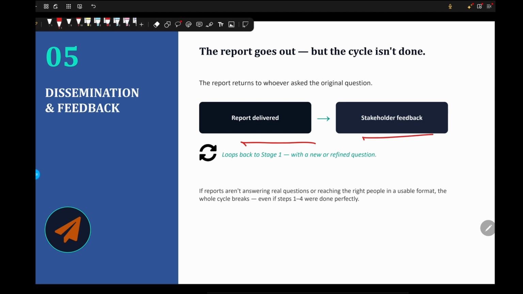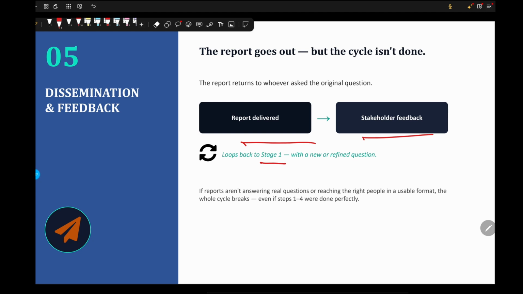So in any case, it loops back to stage one. You have to redefine the planning, or maybe redefine the scope, and start the entire process again. So it's a loop, and that's why it's a wheel, not a line.